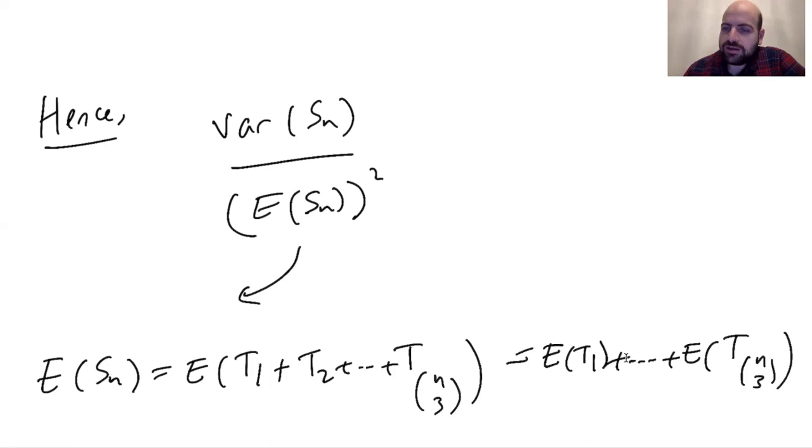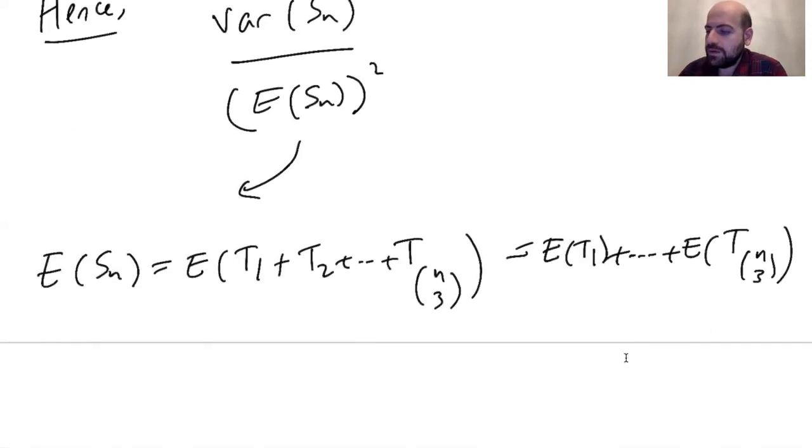For each Ti, expected value Ti is 0 times something, which vanishes, plus 1 times P of Ti equals 1. And how much is P of Ti equals 1? The probability that, once you fix your set of vertices, you have a triangle there is p to power 3. So this is p to power 3, and how many such terms do I have? N choose 3 terms.